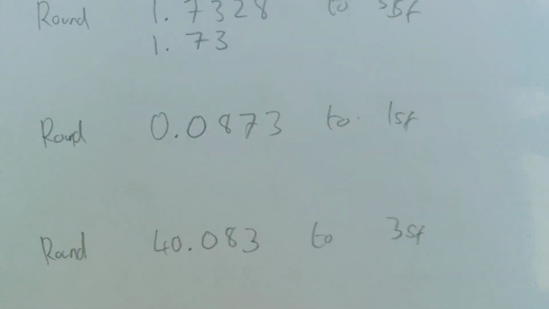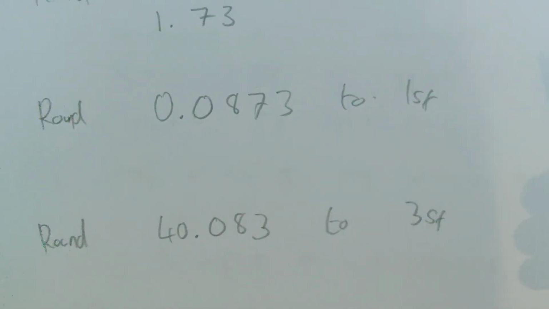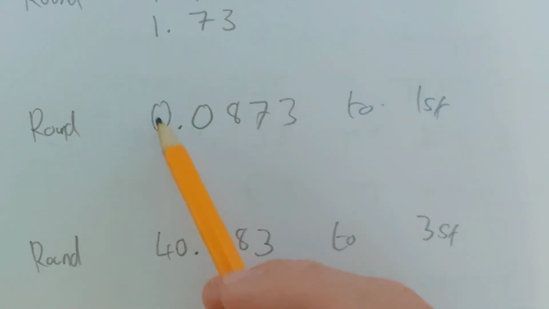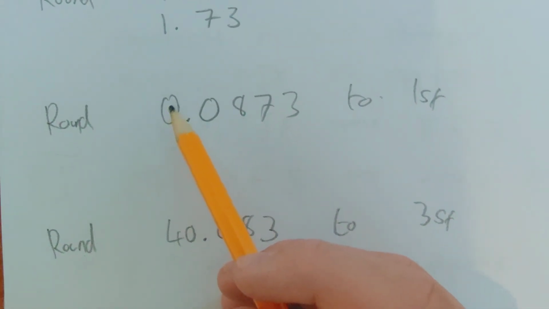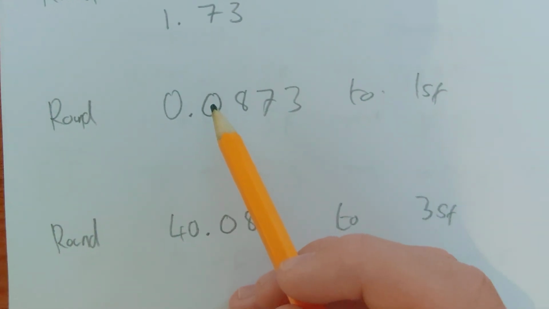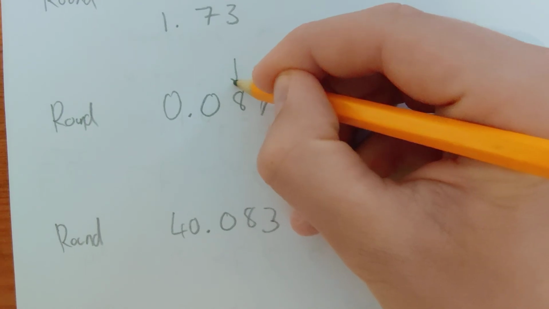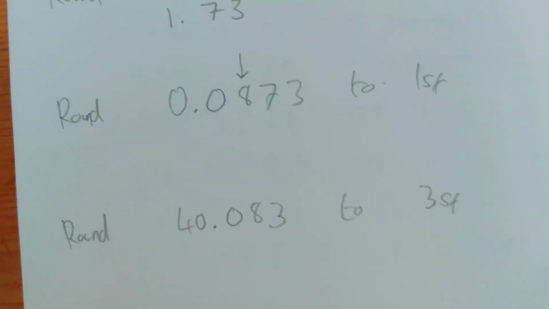Last couple then, slightly trickier ones. You get some of these on the sheet. 0.0873 to 1 significant figure. This 0 here isn't a significant figure. It's just a placeholder, as is this 0 here. So the first significant figure is the 8. That's the first significant figure. These figures aren't significant.